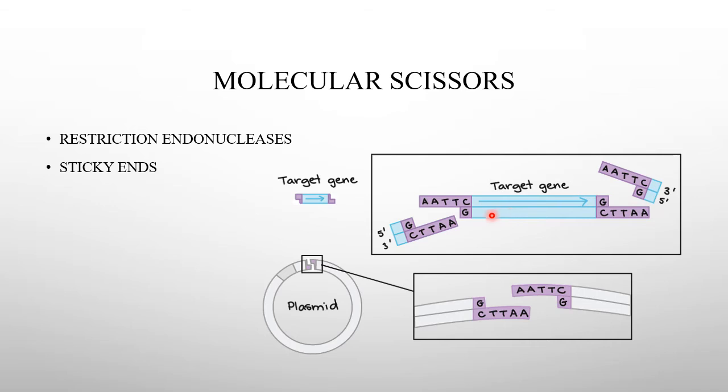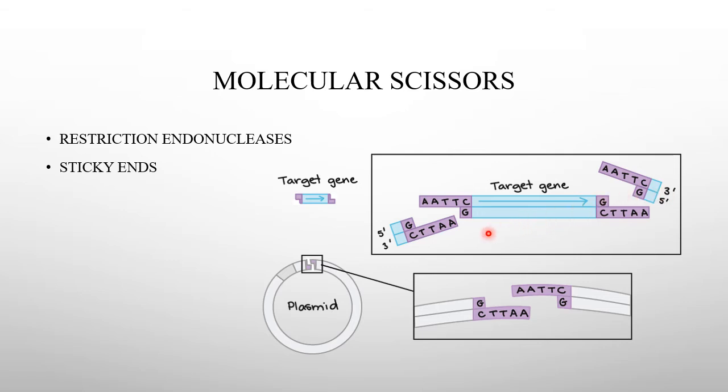So it cuts at the G nucleotide, and the segment GCTTA is lost, and from the opposite side it cuts AATTC down to G. These are the specific segments in the target gene, which are called sticky ends.